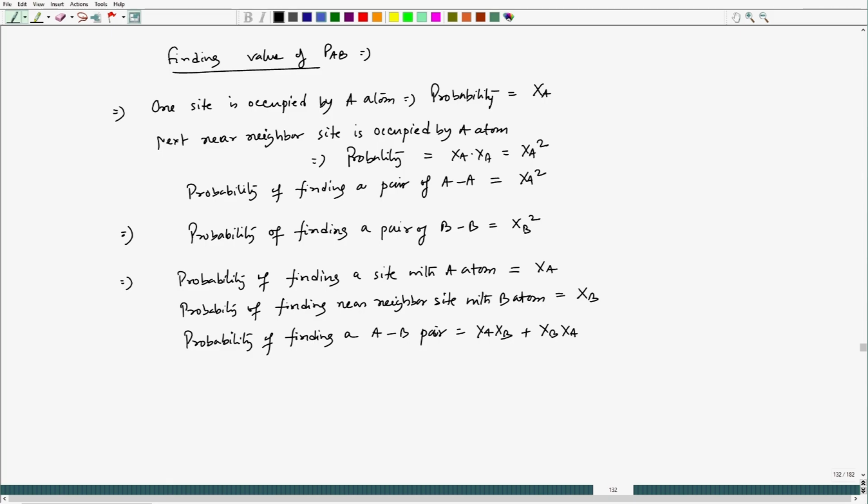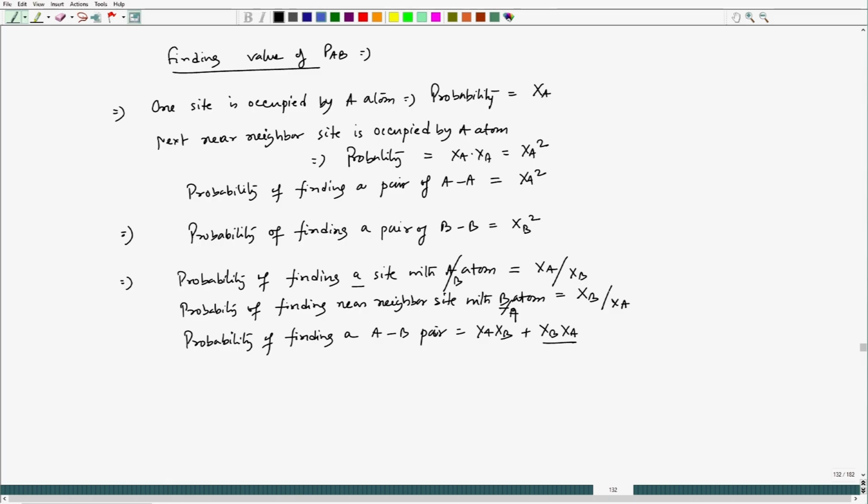Now, why have we added this part? Because here we are talking about a site with A atom. We can make the same site a B atom, and that time it would be XB, and here this B atom, if we replace it by an A atom, that time it would be XA. Okay.